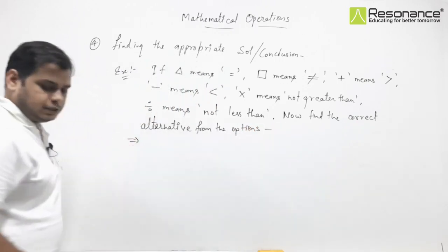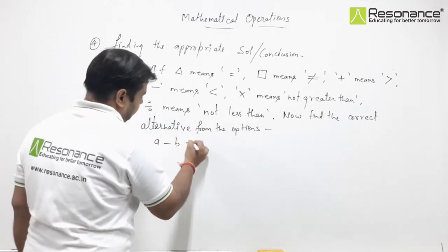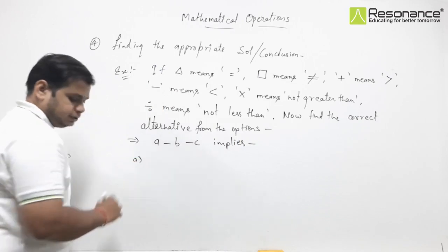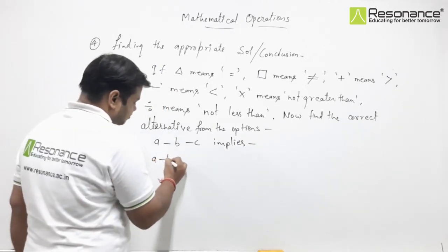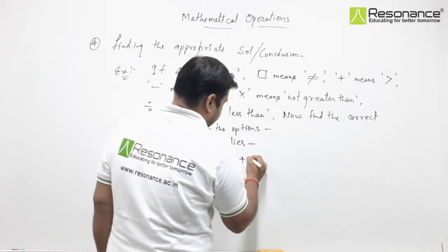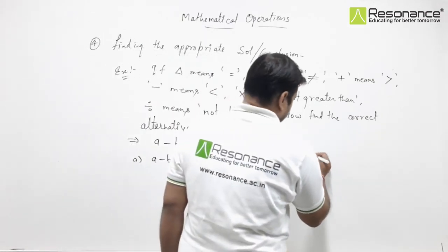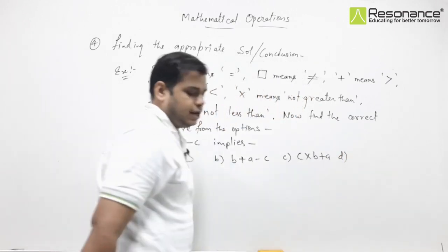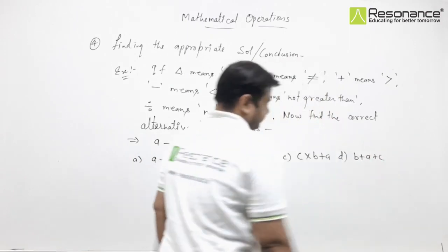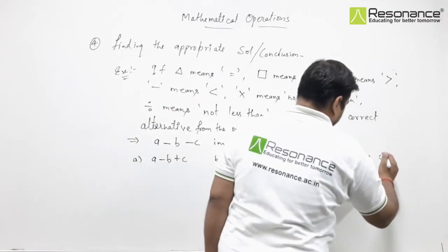The question we have is A minus B minus C. A minus B minus C implies, and the options are A minus B plus C, B plus A minus C, C multiplied by B plus A, and the last option is, sorry, B plus A divided by C.